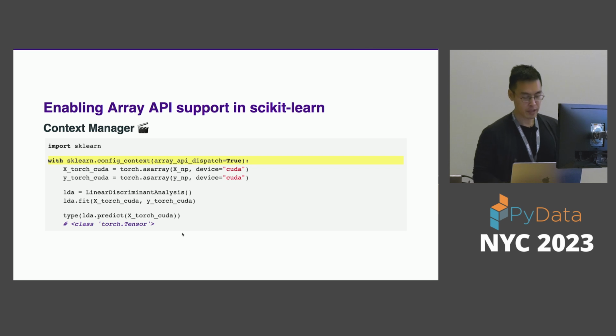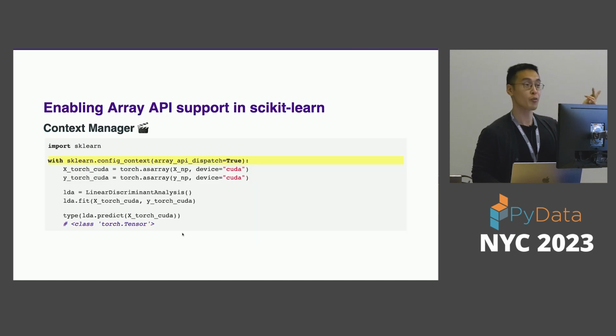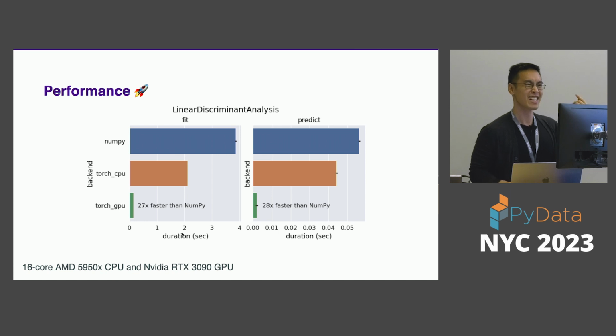And why did we go down this route? Well, this is a slide from the keynote. It's benchmarking the code we were looking at before. The blue bar is NumPy.